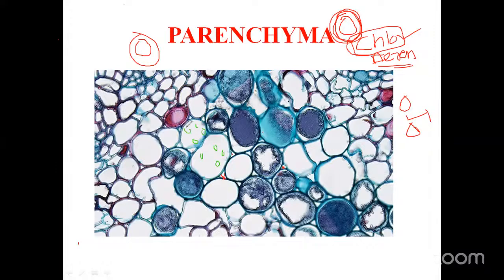It may be spongy or palisade. The function of storage parenchyma is storing food material. What is the function of chlorenchyma? As it consists of chlorenchyma cells, it is involved in photosynthesis to prepare food material, right? And aerenchyma is filled with air and is mainly present in hydrophytes.